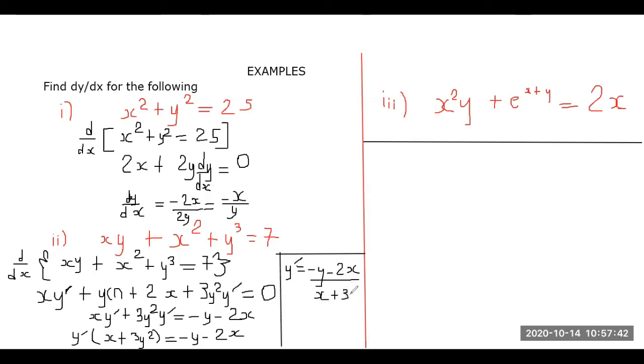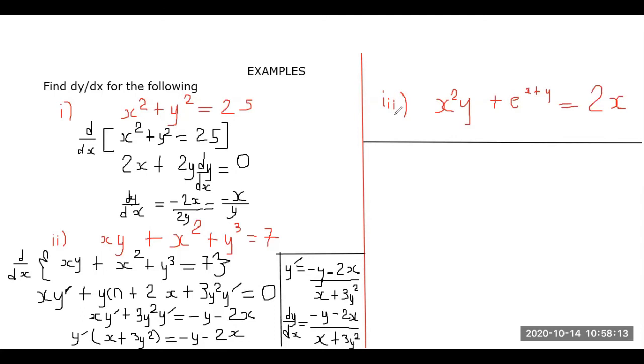And that would be dy by dx. And so y prime, which is dy by dx, is equal to, so all I'm doing is changing y prime to dy dx. So dy by dx is minus y minus 2x over x plus 3y squared. And that would be dy by dx.